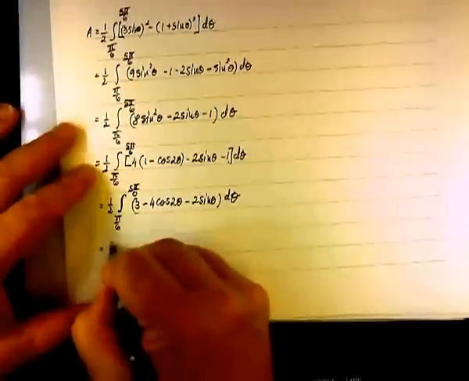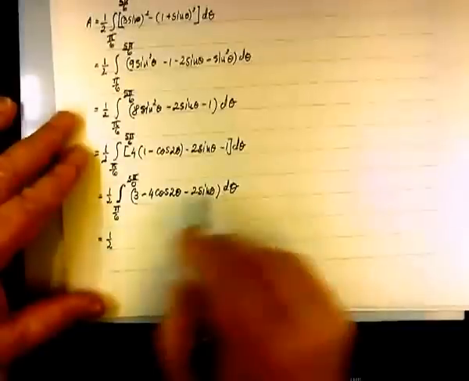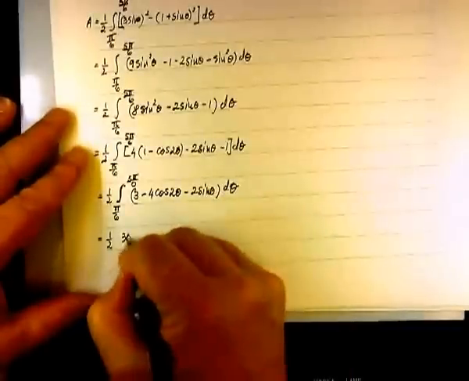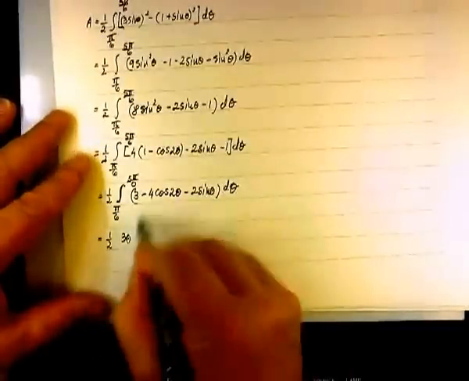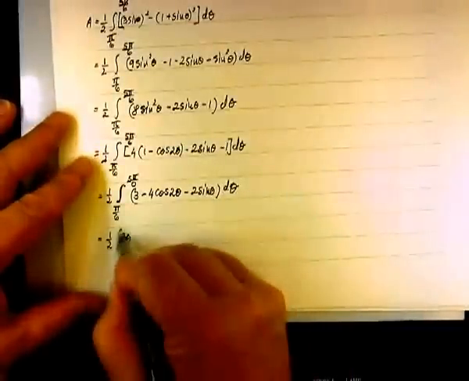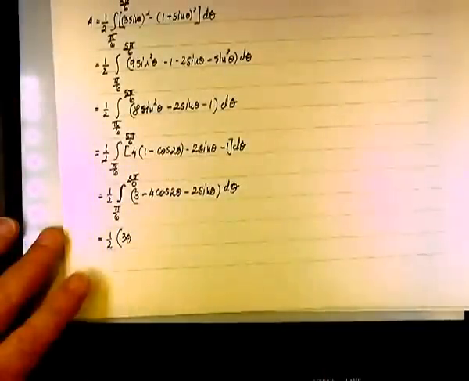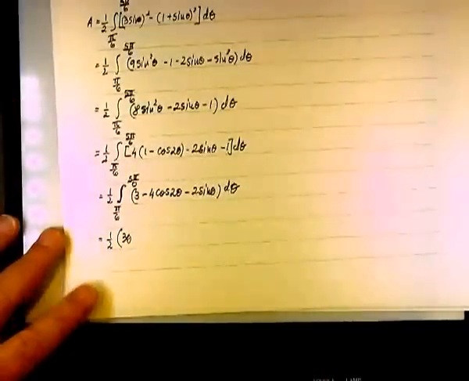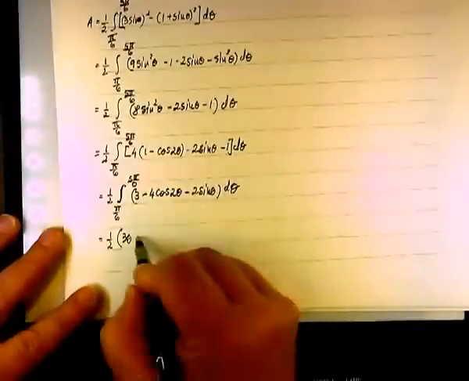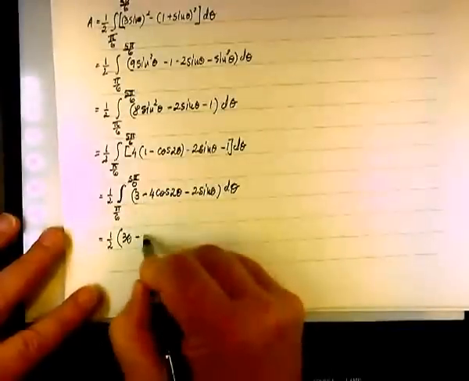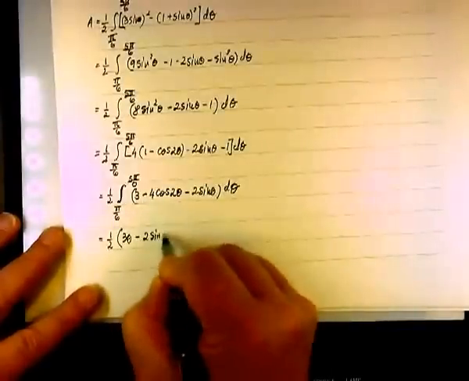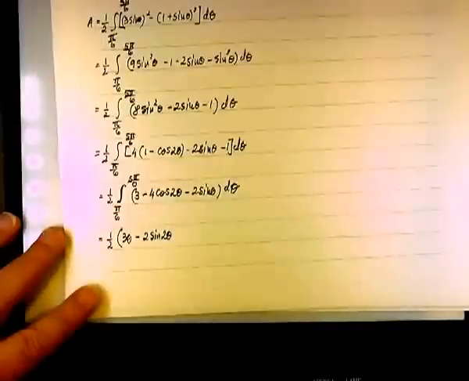So 1/2 in front of everything, 3 theta, okay? The antiderivative of cosine 2 theta is 1/2 sine 2 theta. So we have 4 in front, so it will be minus 2 sine 2 theta.